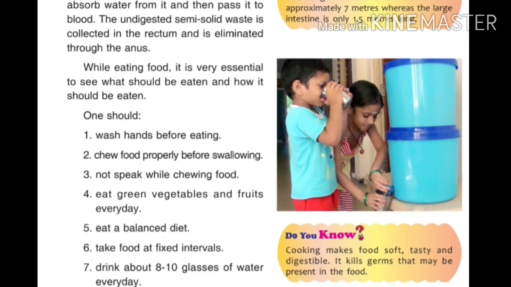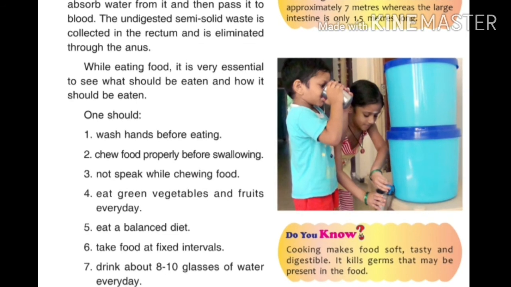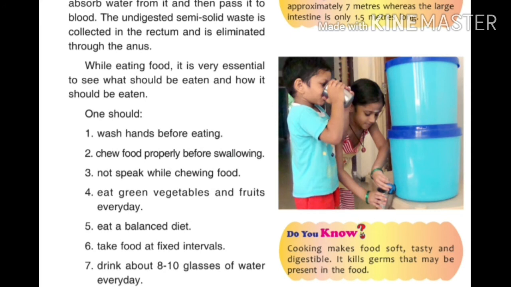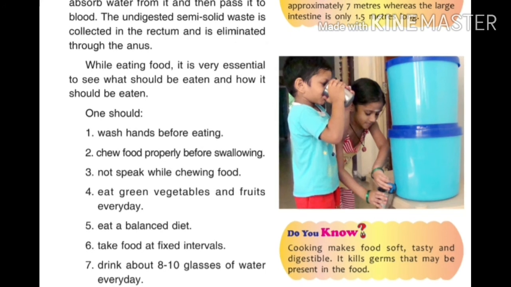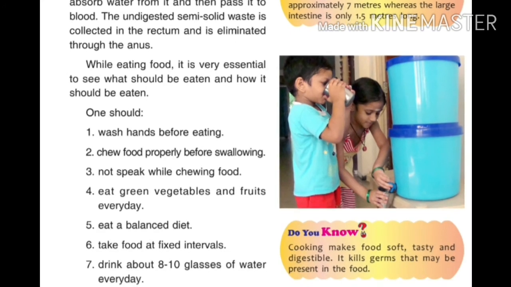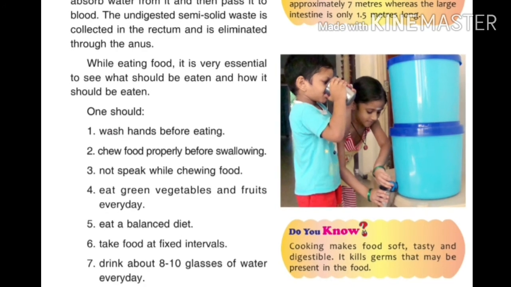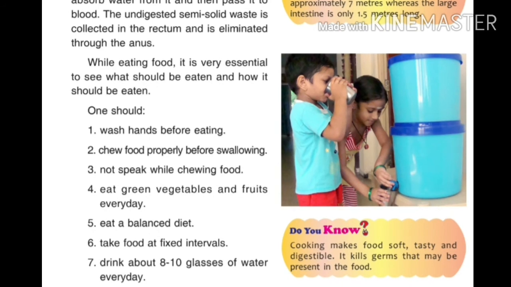Drink about 8 to 10 glasses of water every day, because water helps to regulate our body temperature as well as helps food to be in liquid form and helps in digestion.